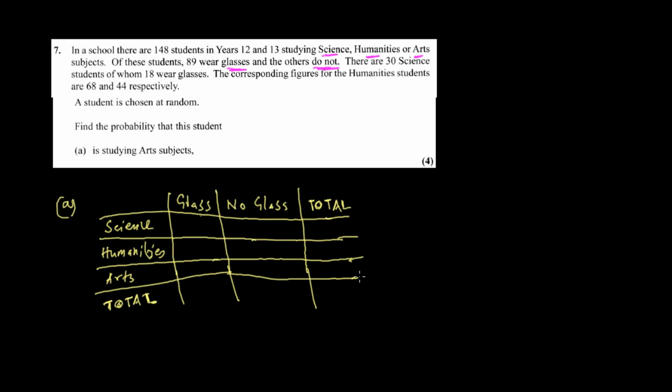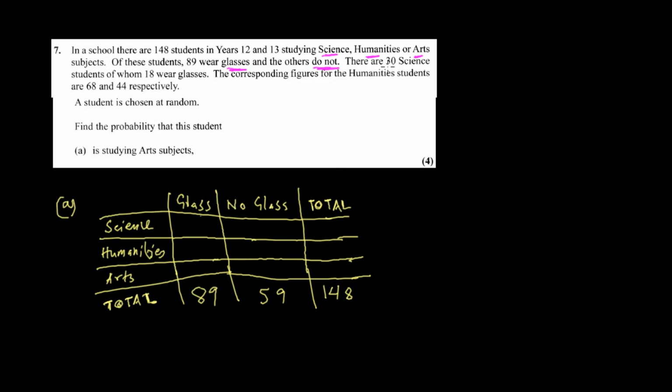Okay, so the first thing is that there are 89 altogether who wear glasses. So if this is glasses, if we add the science, humanities and arts together, it should be 89, and there are altogether 148 students. So if you write a total of 148 students, that means 148 minus 89, so no glasses, a total of 59 students.